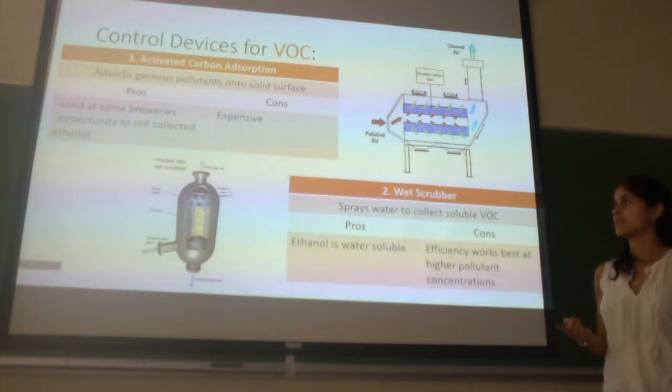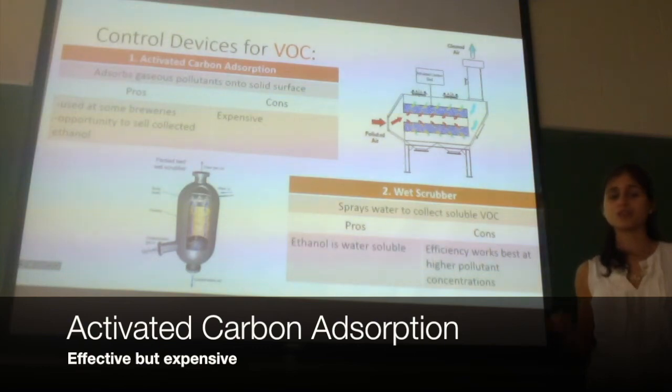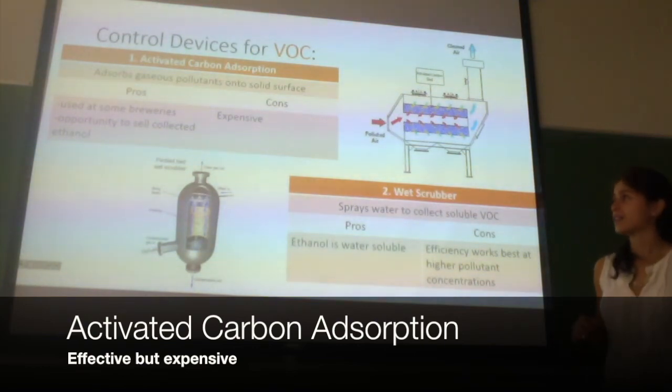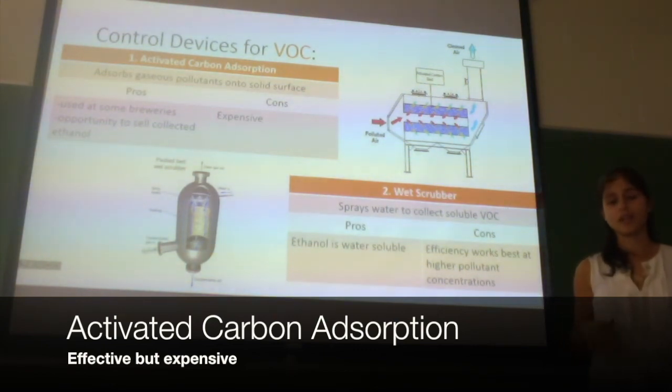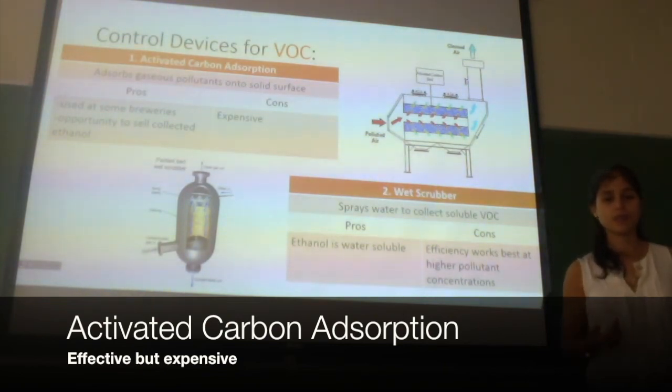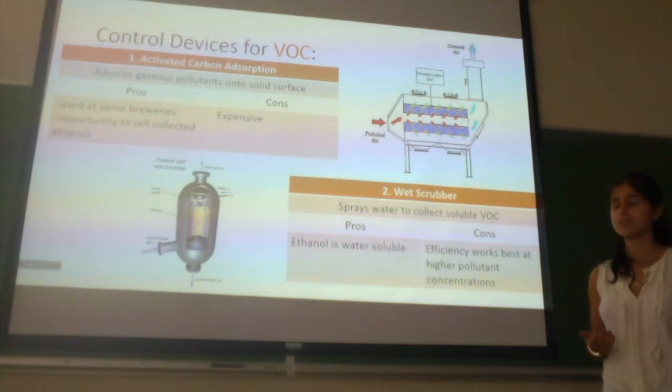Now let's talk about some potential control devices for VOCs. One option that we have is activated carbon adsorption, in which the gaseous pollutants get adsorbed onto the carbon solid surface. Some good things about this are that some breweries already use this option. Also, it gives you the chance to sell the ethanol that you collect. However, the con is that it is expensive, so if you don't find a market for the ethanol, it could become pretty pricey.